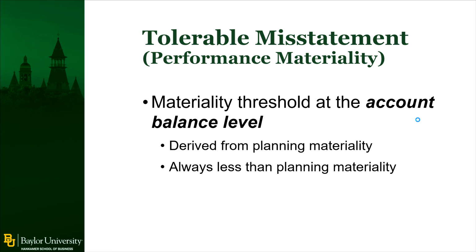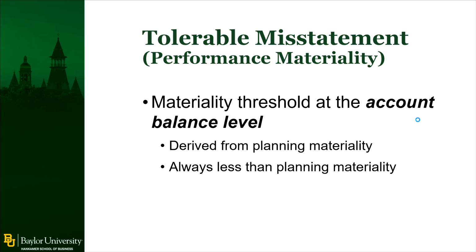Then, materiality as a percentage of our really large accounts like inventory or property, plant, and equipment is likely to be very small. And if it's too small, then we're just going to end up doing too much auditing. We've already talked about how we don't have enough time in the world to test 100% of the accounts.